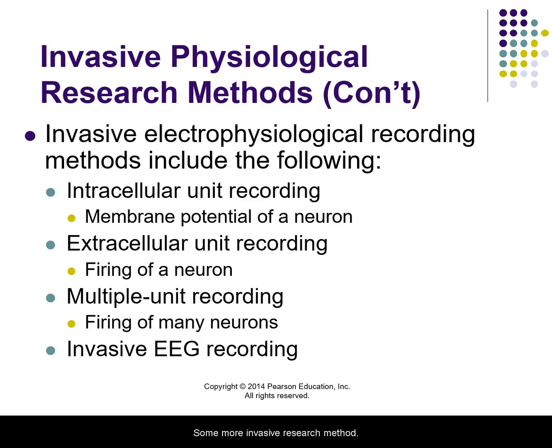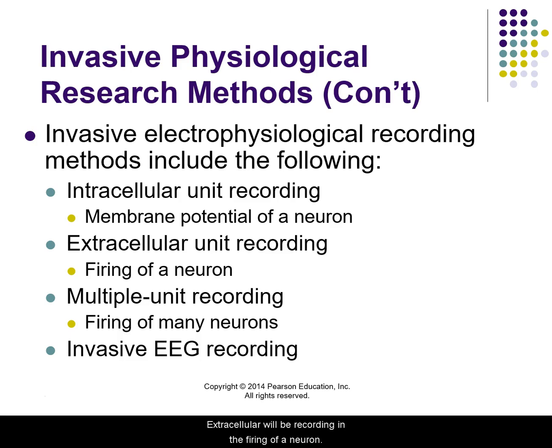All right. Some more invasive research methods. What about those where we're using the recordings? Intracellular unit recording would be placing a cannula into the brain, into the cerebral cortex, or maybe even deeper, and actually penetrating one neuron, recording the membrane potential of a neuron.